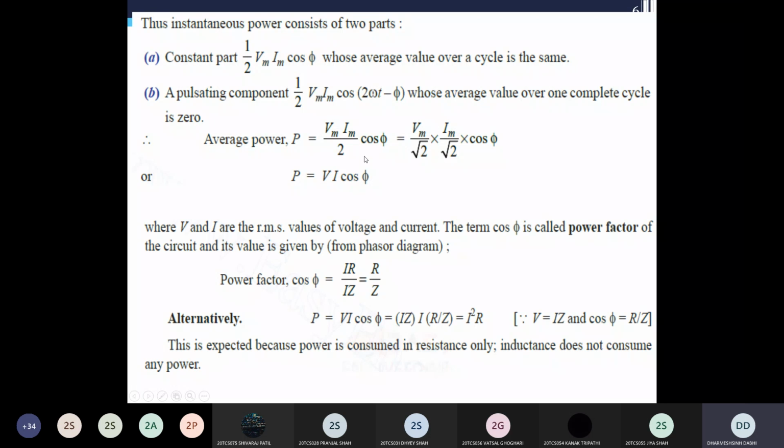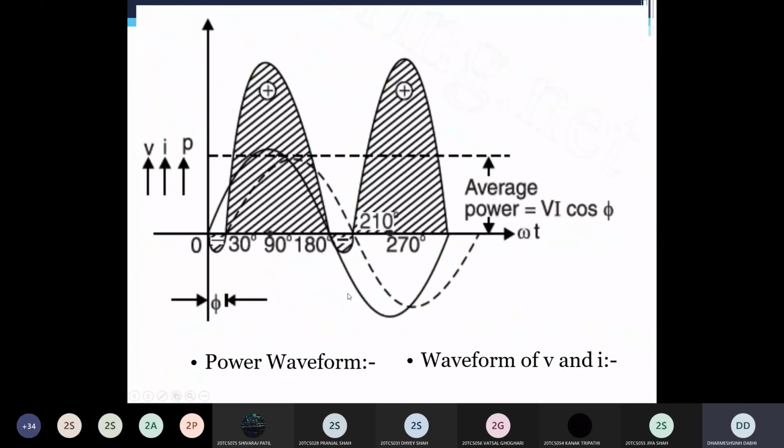Then we derived another equation for active power: P is equal to V I cos phi, or you can also write I square into R. Because power is consumed only in the resistance; power is never consumed by the inductor or capacitor. So the active power in this series RL circuit is I square into R. This is the alternate equation of the active power.